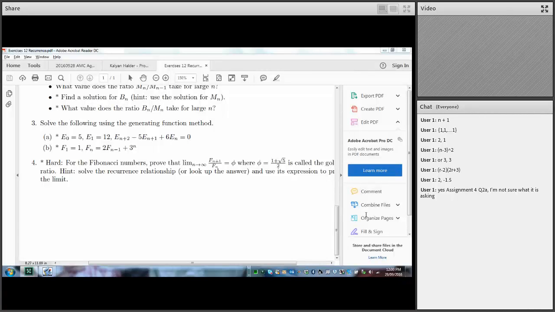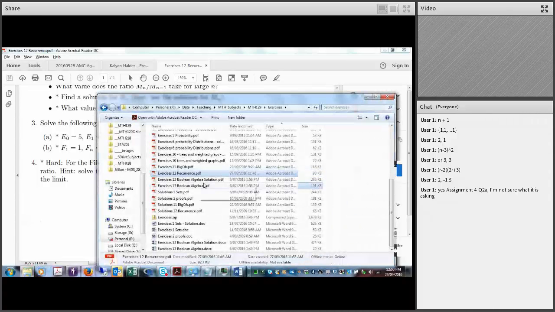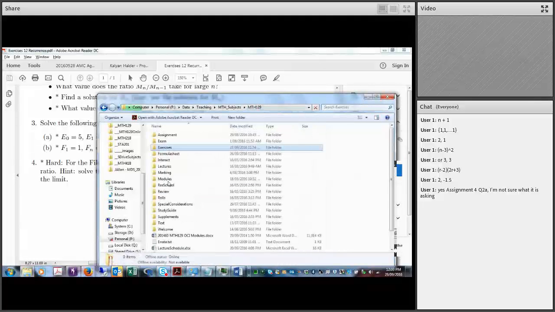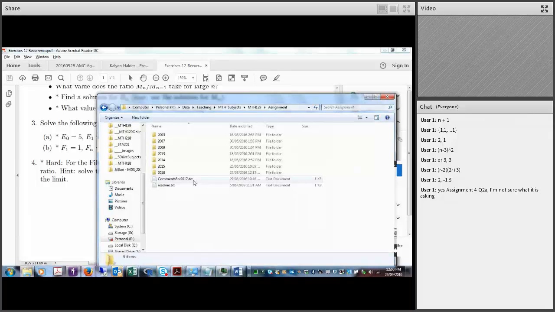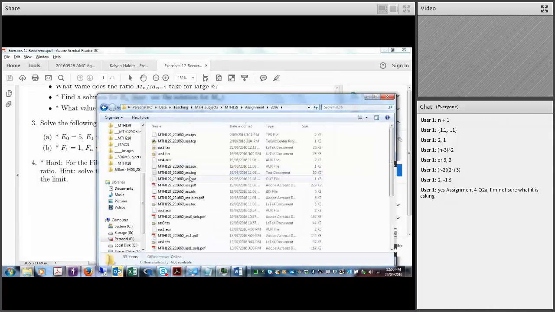This one here is still different to the previous cases because it has a plus 3 to the n here. So this is called a non-homogeneous equation because it has a term which doesn't have any f's in it, any of these sequence terms.